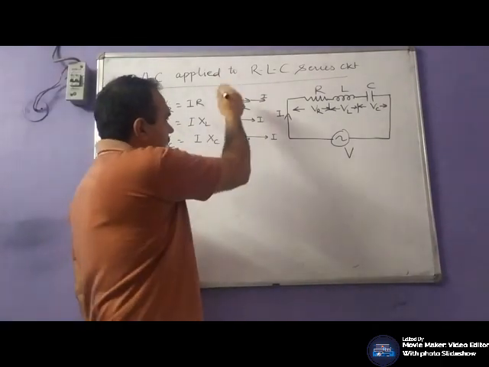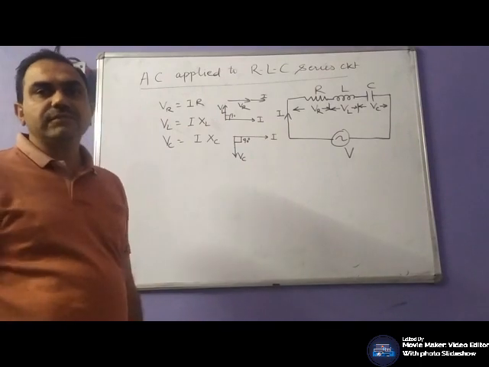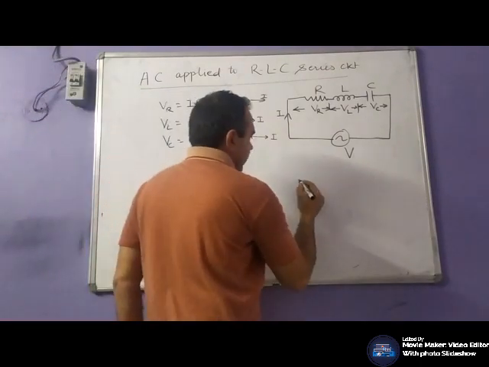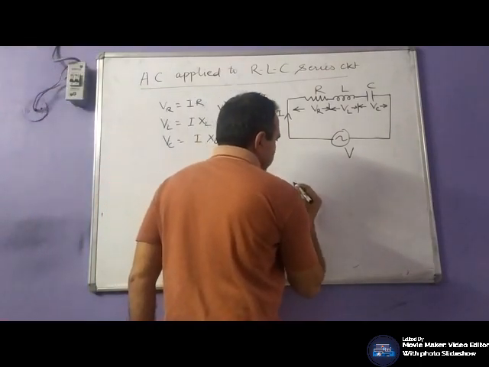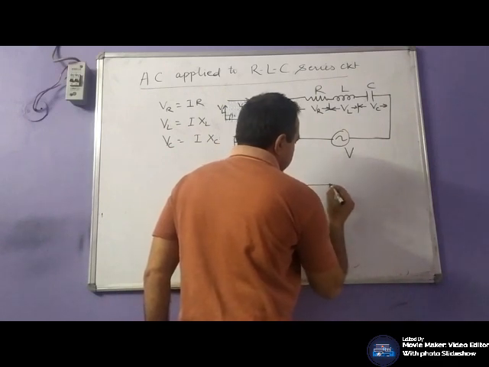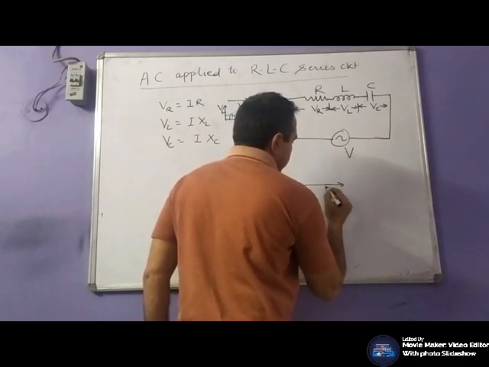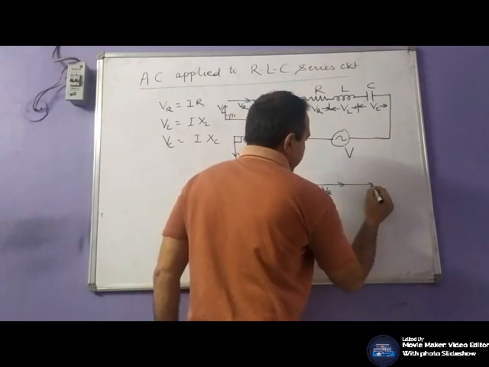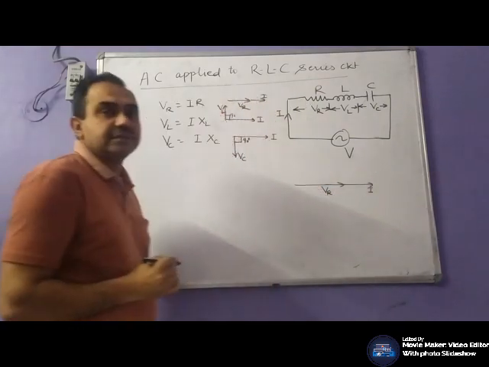Now, if we club up all these three phasor diagrams, then in case of pure resistance, let us see, VR and I are in same phase.